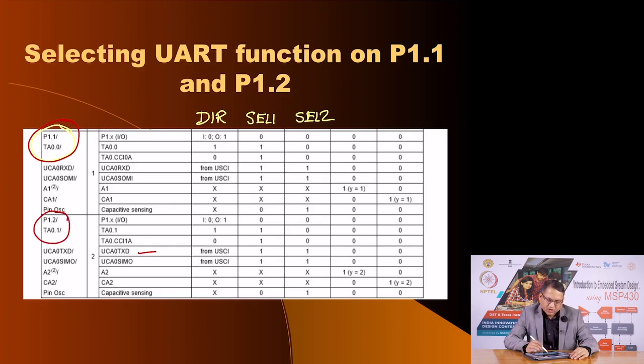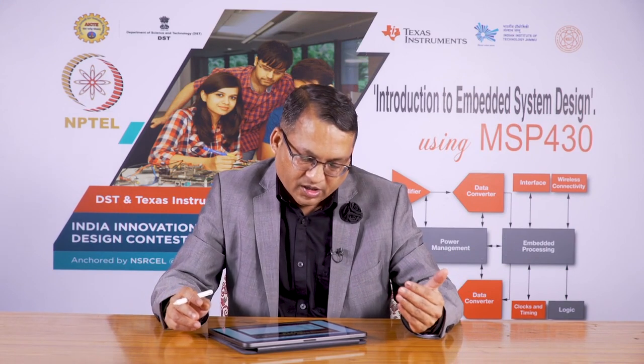The direction is automatically determined when you write into the USCI register, but the SEL1 and SEL2 bits you have to write: for RxD you have to write 1 and 1 here, and for transmitting also you have to write 1 and 1 here. Once you write these registers, you are set. The two pins P1.1 and P1.2 are configured for receiving and transmitting serial data using the UART.